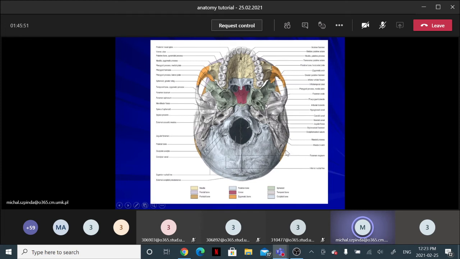Apart from this, in front of the articular tubercle is a small triangular area of the temporal squama that contributes to the superior wall of the infratemporal fossa.